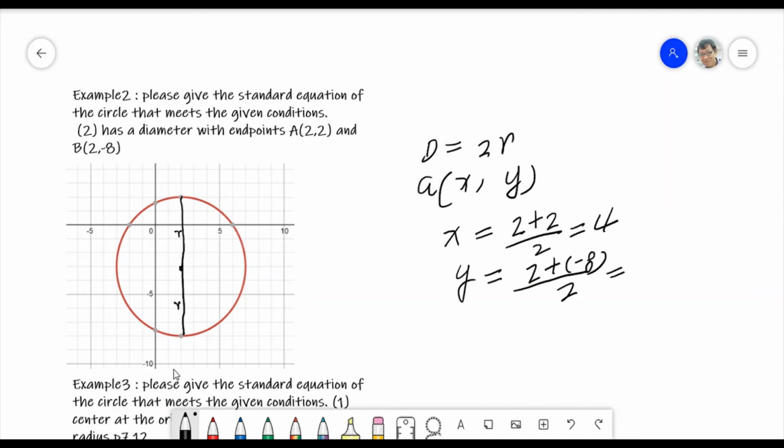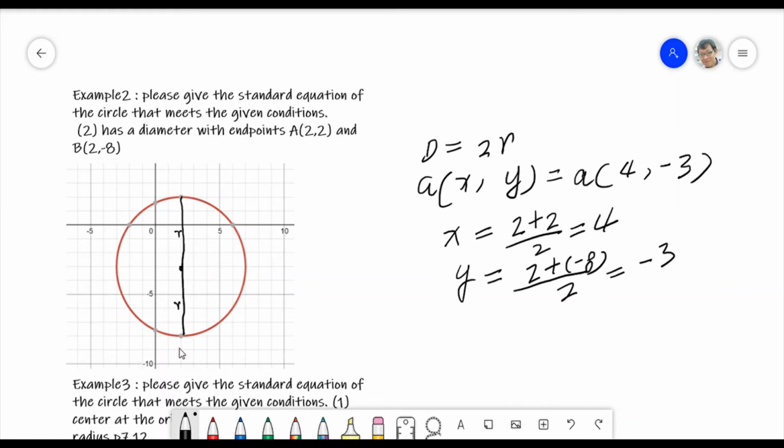Negative 8 plus 2 is negative 6, and negative 6 divided by 2 is negative 3. So now we get the center point, which is 2, negative 3.